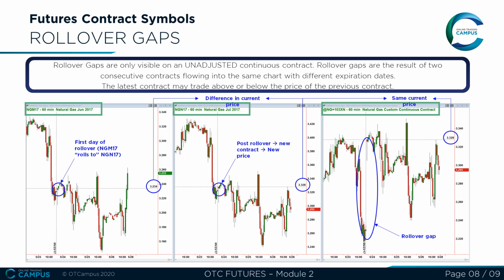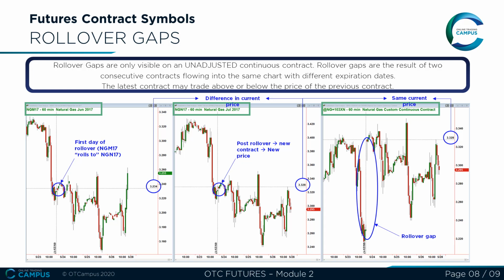These gaps tend to be filled just like any other gap. But here's the difference. They were not created by a supply or demand imbalance like our natural gaps were. So when price comes back to these gaps, we do not have true supply or demand zones.